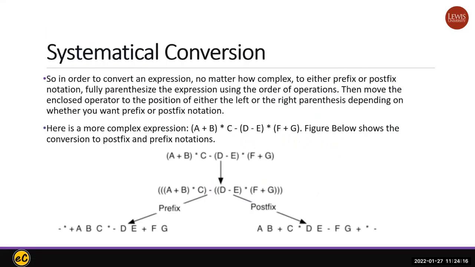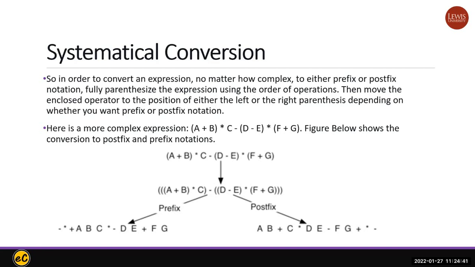In order to convert an expression, no matter how complex, to either prefix or postfix notation, fully parenthesize the expression using the order of operation, then move the enclosed operator to the position of either the left or the right parenthesis, depending on the prefix or postfix. Okay, that's the systematical way to do it.